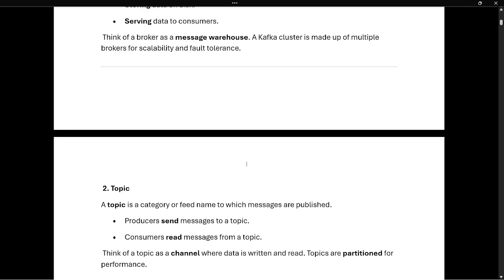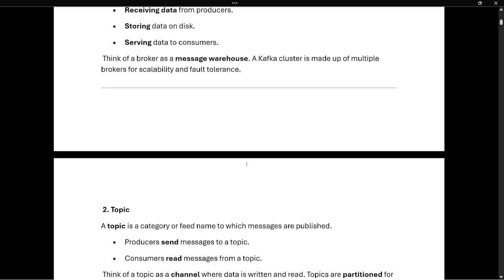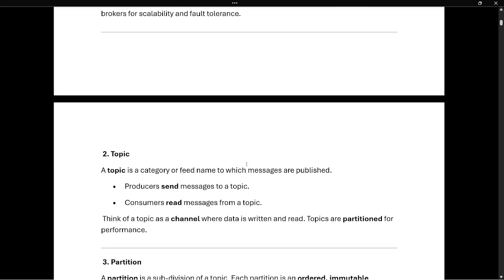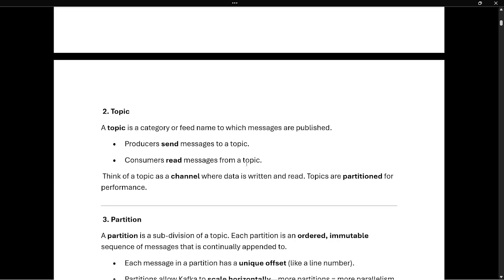Topics are partitioned for performance. So we have the broker, then we have the topic, and the topics are subdivided into different partitions. A partition is nothing but a subdivision of a topic.